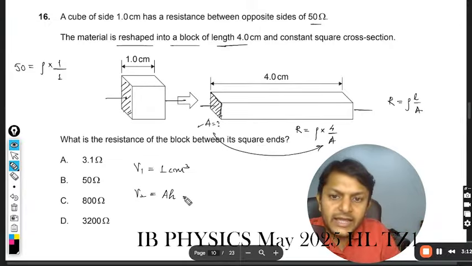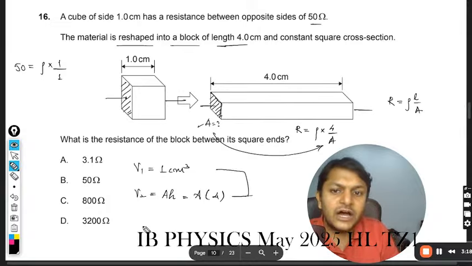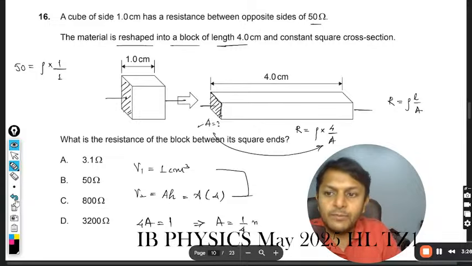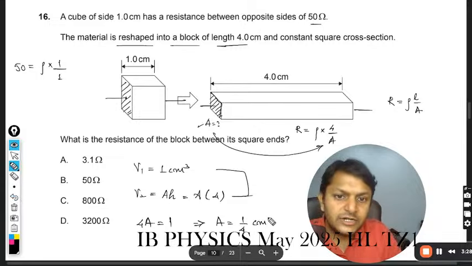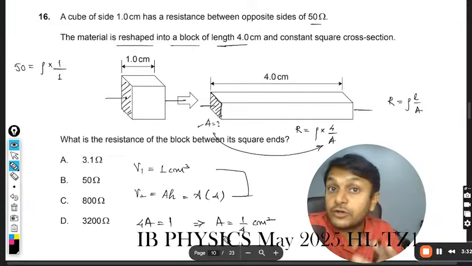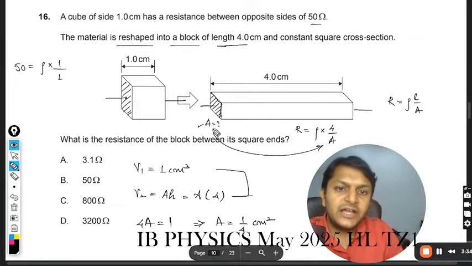So it will be A into L. A is unknown and L is written as 4 centimeter. And both of these volumes are equal. It means 4A is equal to 1, which means that the cross-sectional area can be taken as 1 by 4 centimeter square. The units will always be in centimeters now, because we have not converted that. So the area here is 1 by 4.